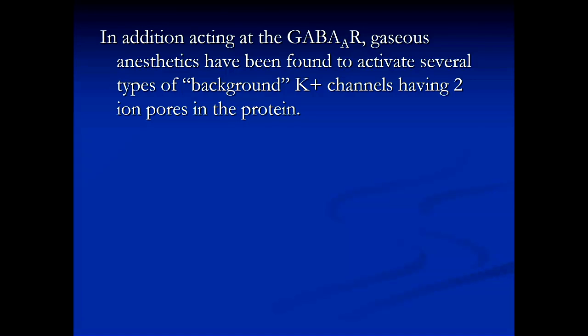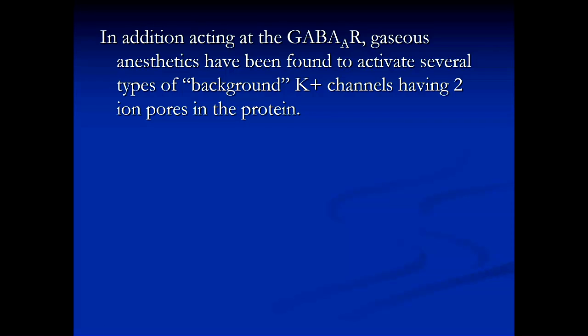And so by enhancing or activating these potassium channels, you'll recall that potassium, even though it's a cation, even though it's a positively charged ion, the membrane potential that potassium would want things to be at is quite hyperpolarized. It's quite negative due to the concentration gradient that's present across the plasma membrane of the cell.